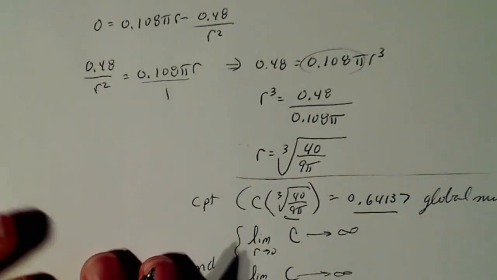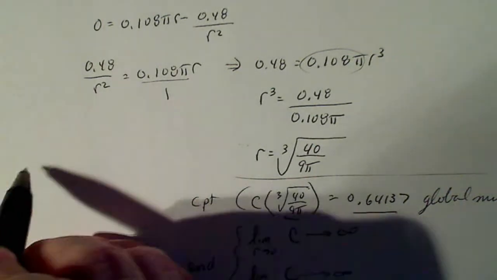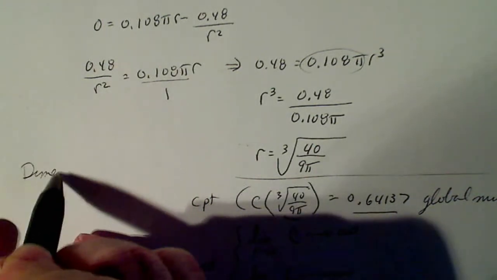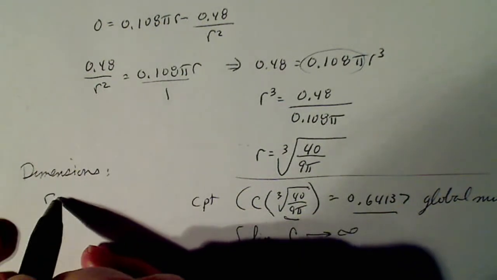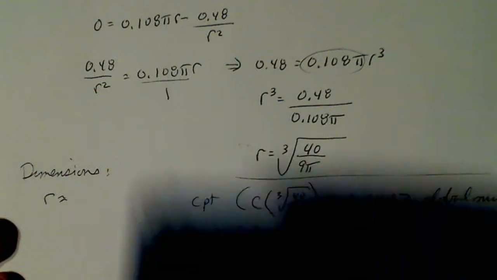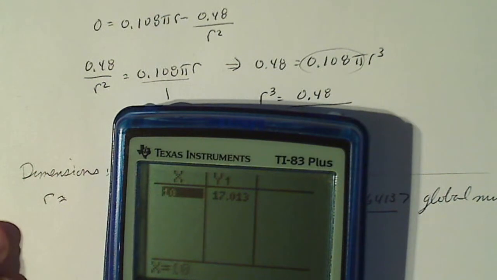So let's answer the question. The question says, what dimensions minimize the cost? So the dimensions that minimize the cost is a radius of approximately, I have it in here, approximately, oh, I got rid of it. Oh, bummer.